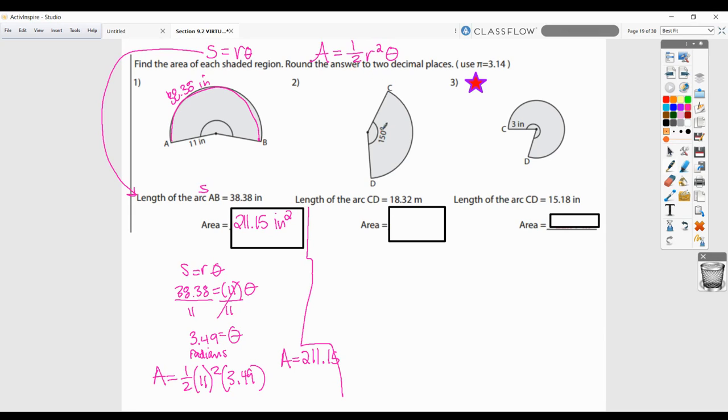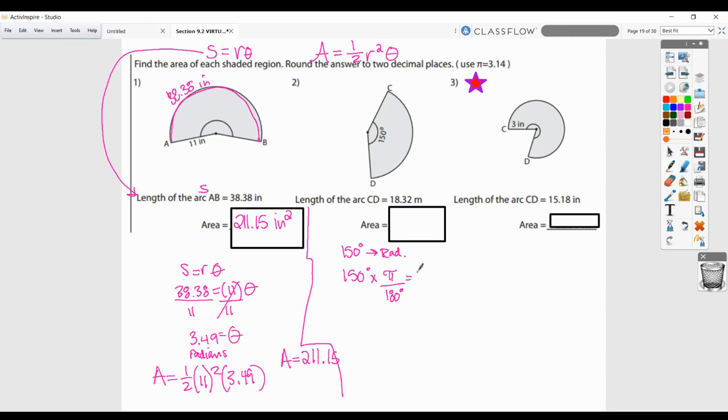But first, when I have this degree measurement of 150 degrees, in order to use either of those formulas, it has to be in radians. So if you see a measurement that's in degrees, we need to change that to radians first. Remember, you're going to take 150 degrees times pi over 180.